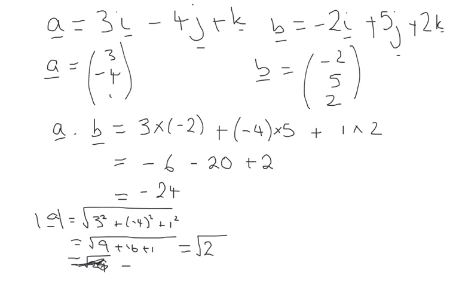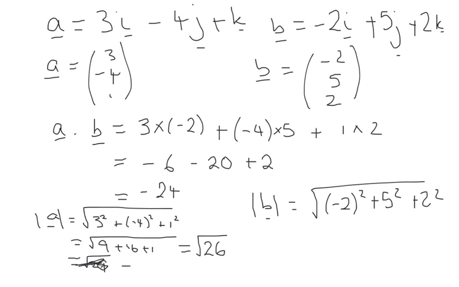Magnitude of vector B, negative 2 squared plus 5 squared plus 2 squared, is the square root of 4 plus 25 plus 4. That is the square root of 33.